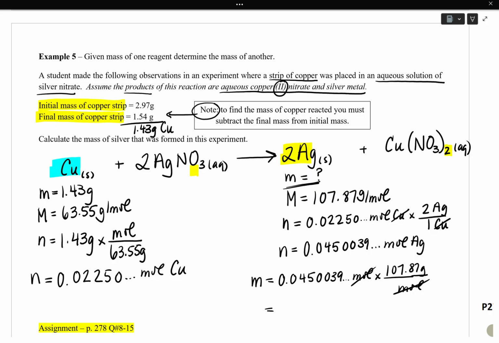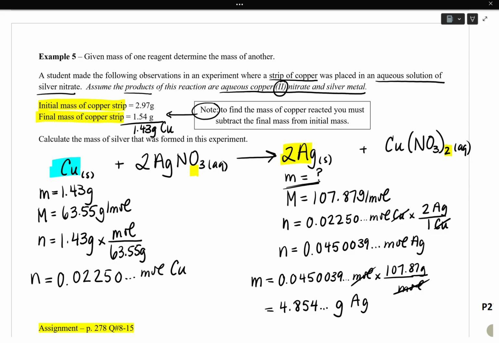So plug that into your calculator, 0.0450039, multiply by 107.87, and you will have 4.854 grams of silver. Take a look at your significant digits.